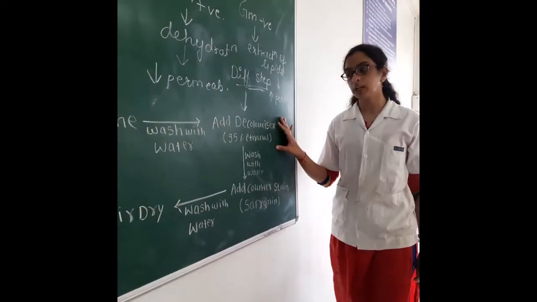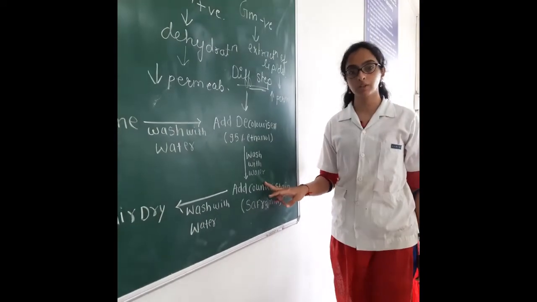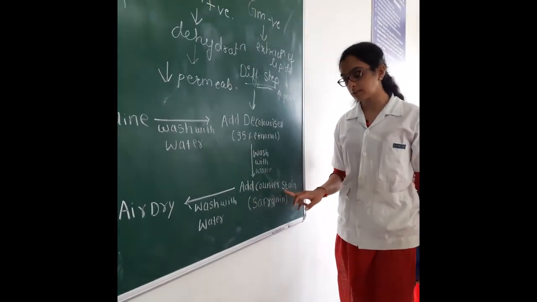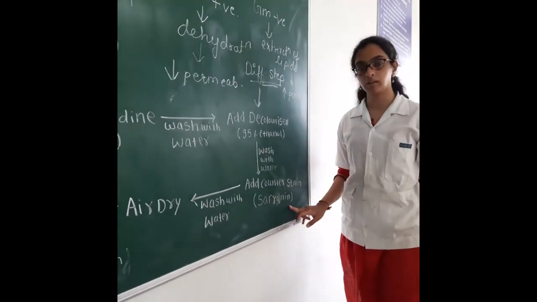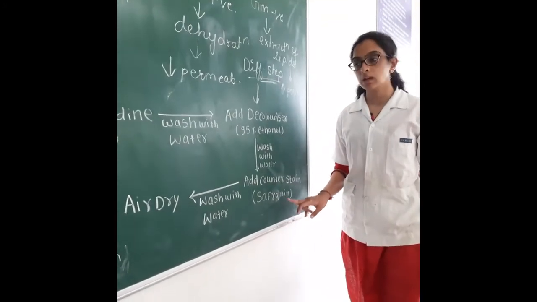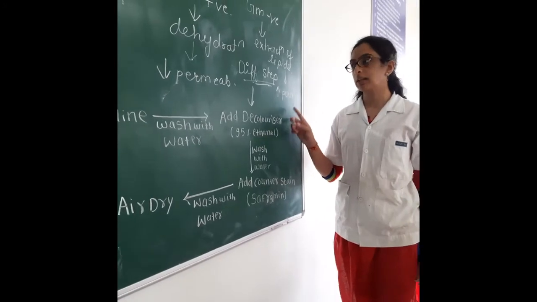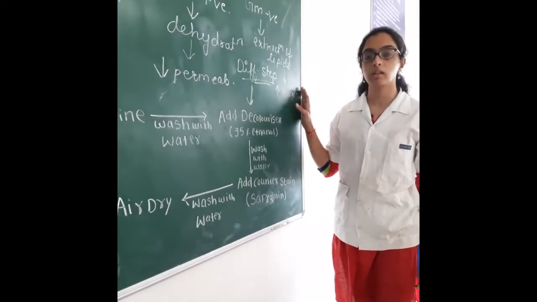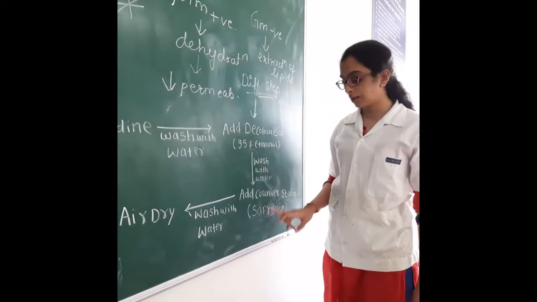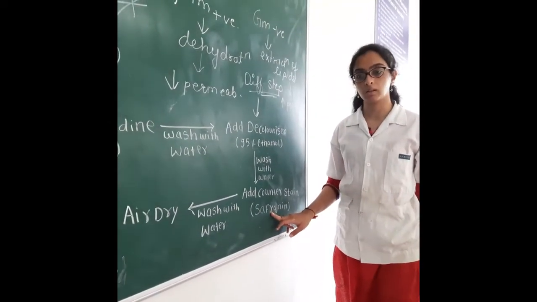After addition of the decolorizer, again wash it with water and then add the counter stain, that is the safranin. So what will happen when I add the safranin? The decolorized cells, that is, if the sample contains gram negative bacteria, they will take up this counter stain. Okay.